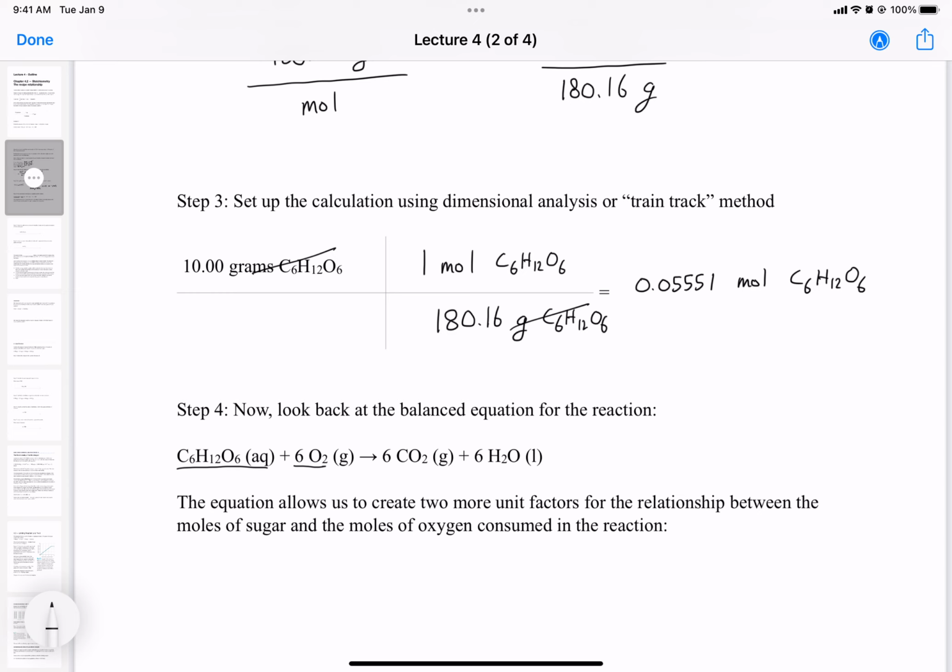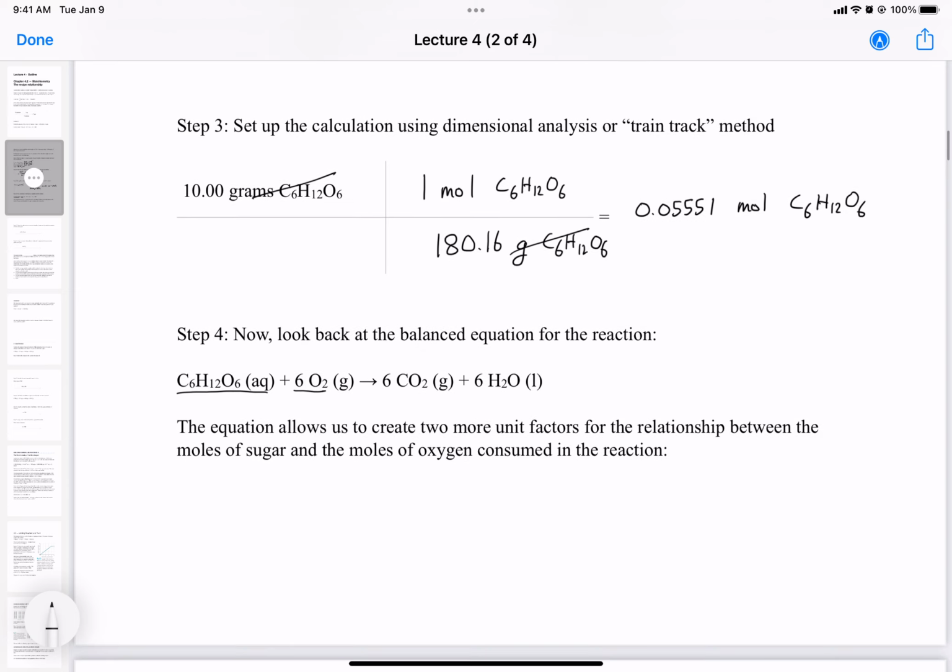Now we can write 2 more factors here. So this is what we call the mole ratio, that tells us how much sugar we need to react with oxygen. So that information, those numbers or ratios, is what we get from the chemical reaction. So it's important that we balance the chemical reaction and that we can establish the mole ratios. So there's 2 of them here.